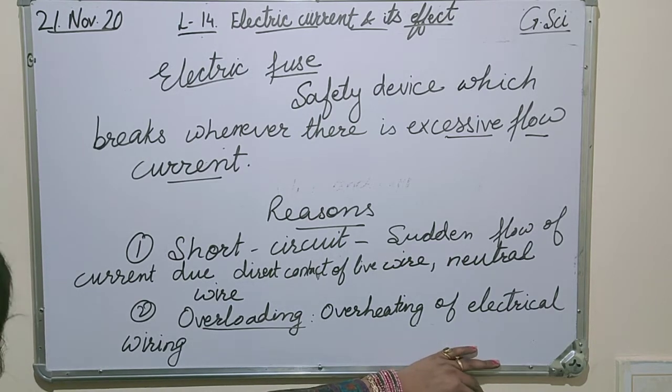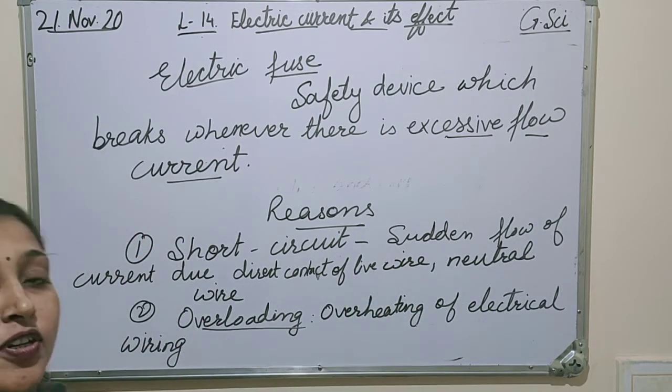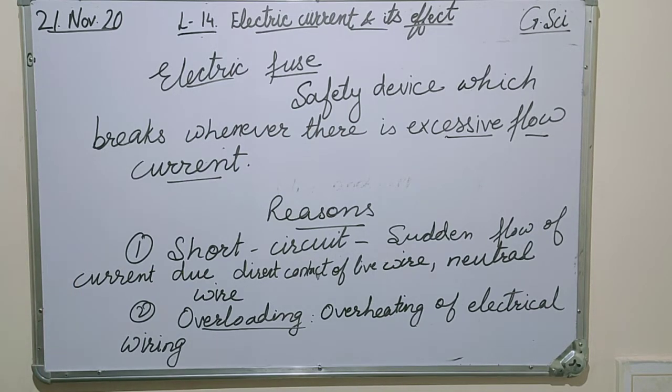I hope the function of the electric circuit is clear to you, and the reasons why excessive current flows in the circuit. Is it clear to you all?